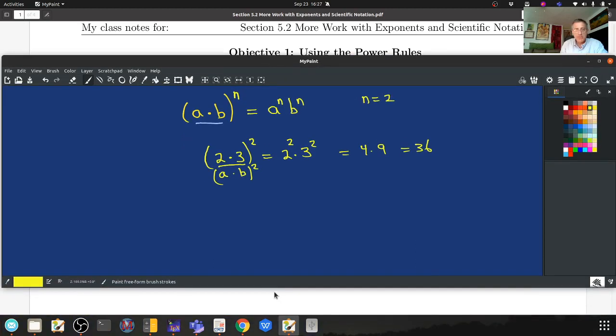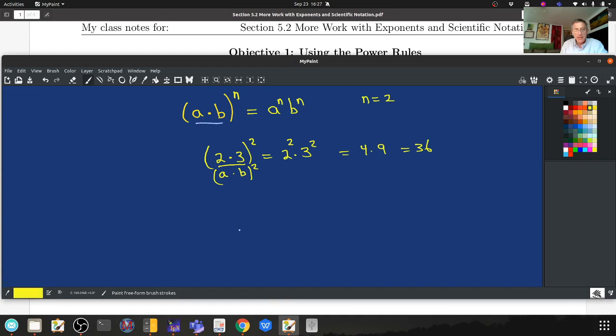So let's justify that. Well, let's do 2 times 3, squared. Well, that's 2 times 3 times 2 times 3, because my base is multiplied by itself twice.